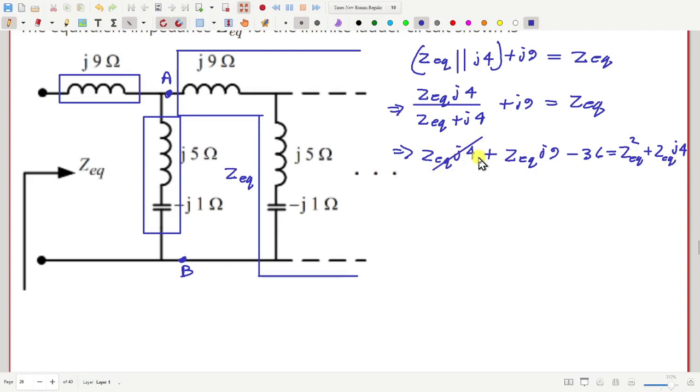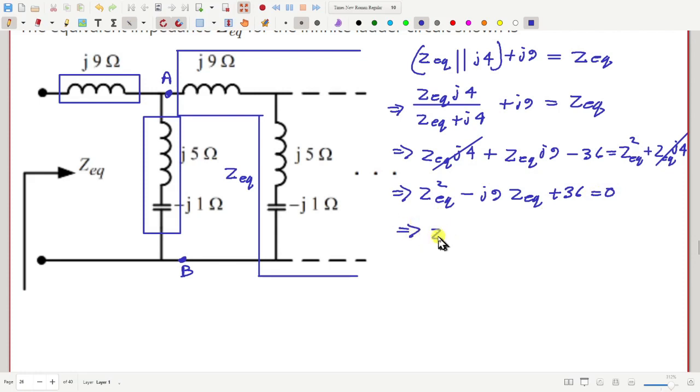So this and this term cancel, and we have Z squared minus J9 Z plus 36 is 0.